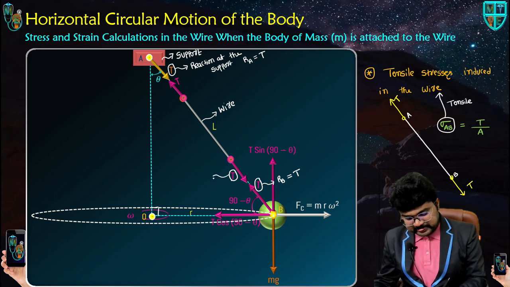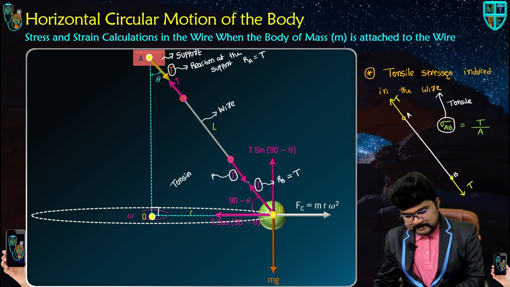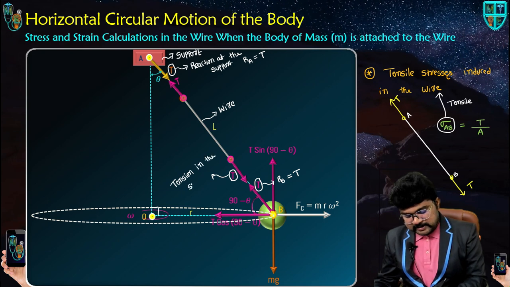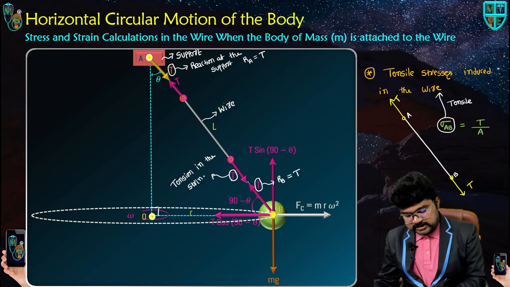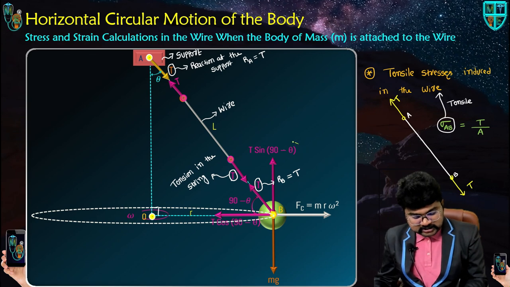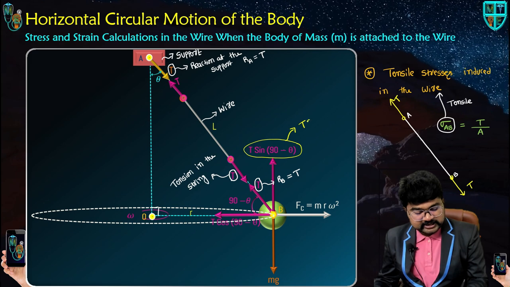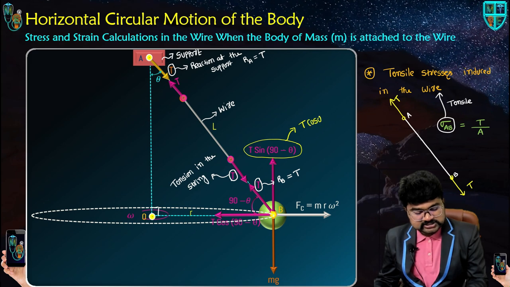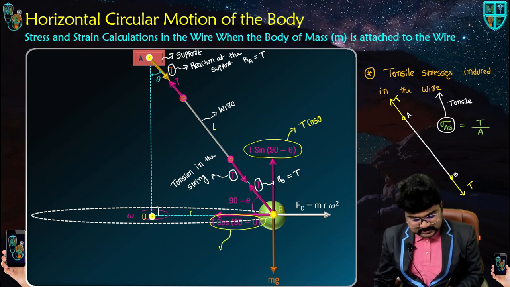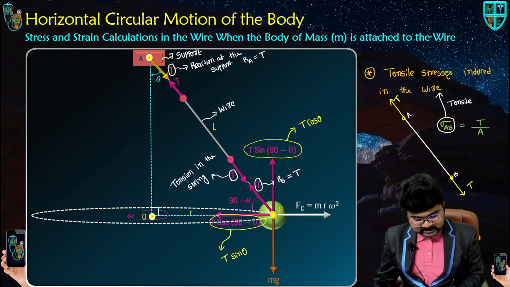T sin(90 minus theta) means T cos theta. T cos(90 minus theta) is T sin theta.